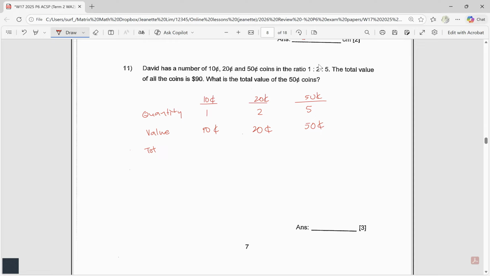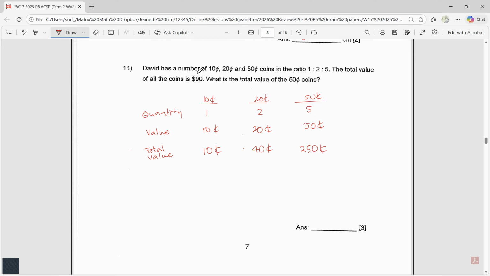Total value is where we multiply. Example, one 10-cent coin is still 10 cents. Two 20-cent coins will be 2 times 20 cents, which is 40. Then five 50-cent coins will be 5 times 50 cents, 250 cents. Okay, this whole thing is one group. The total value of all the coins is $90.